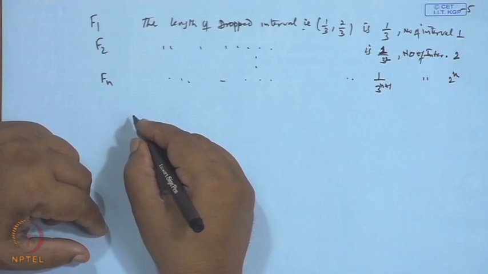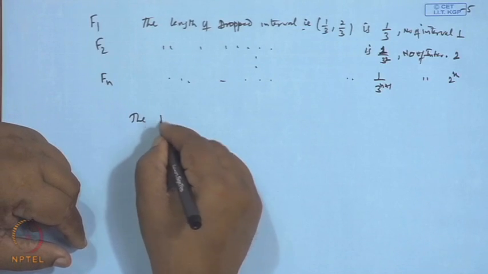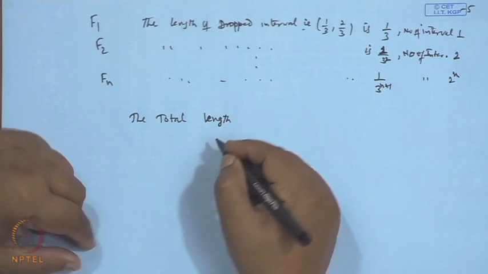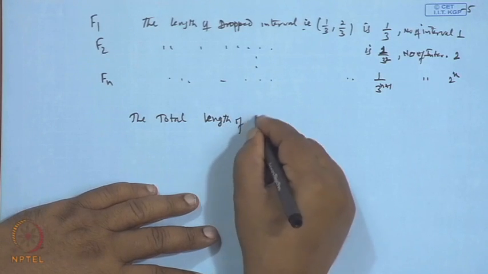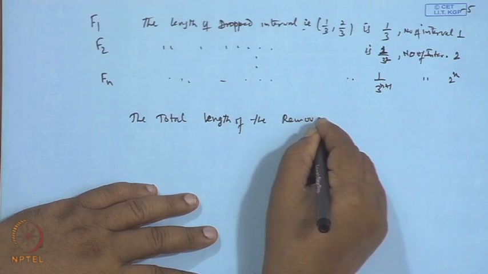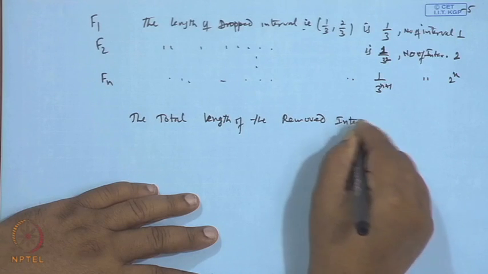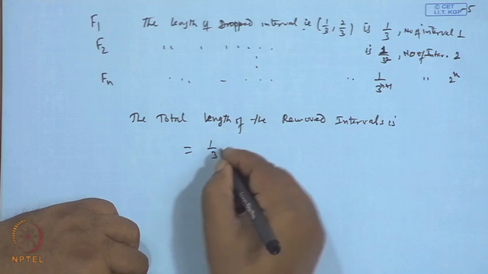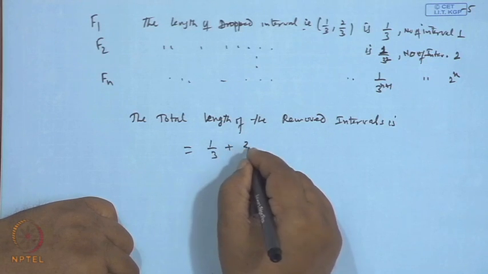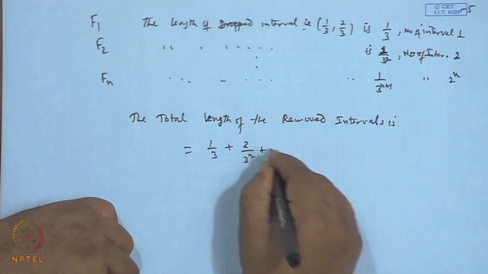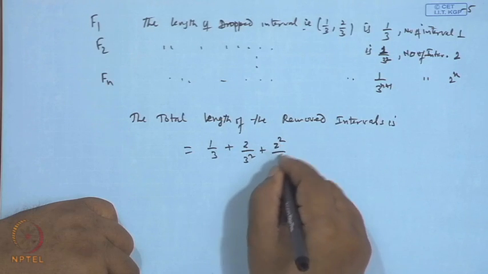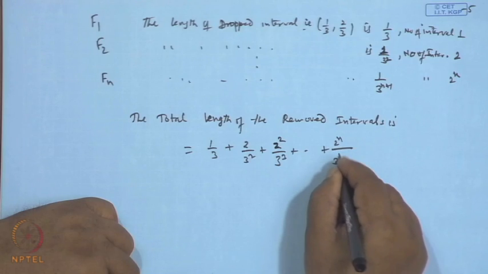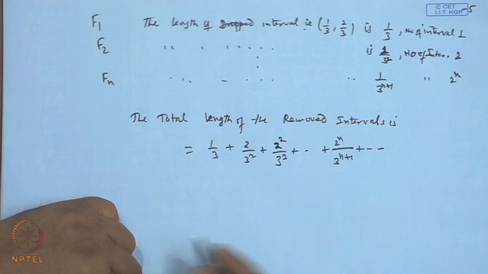So, the total length of the removed intervals is nothing but 1/3 plus 2 over 3 squared plus 2 squared by 3 cubed and so on, plus 2 to the power n by 3 to the power n plus 1 and so on.